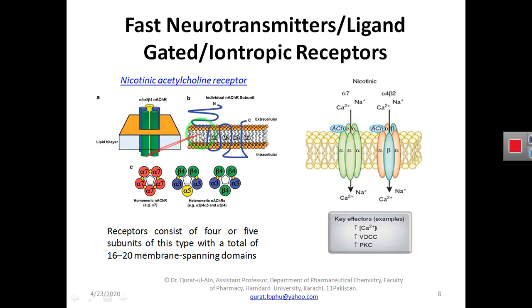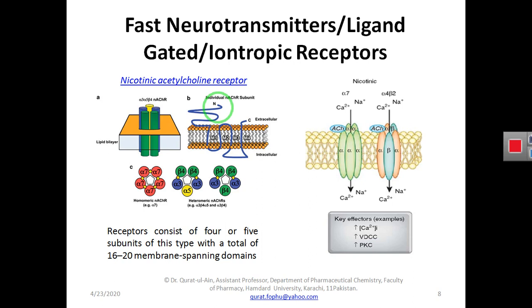The second important thing is that both the N and C terminals reside in the extracellular space. We will see later why these two terminals are very important for the receptor's activity.